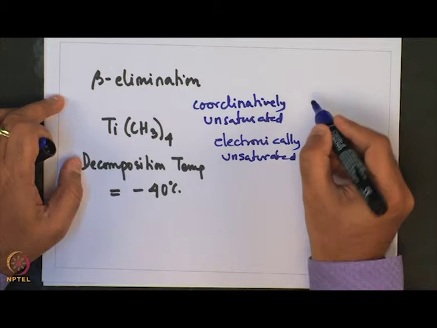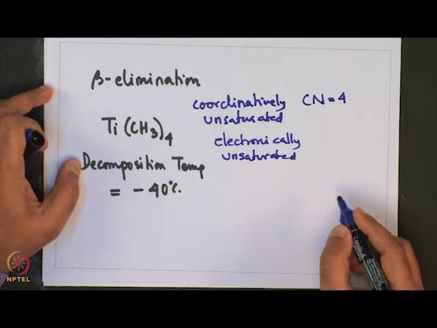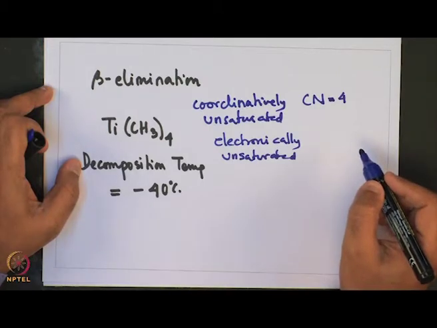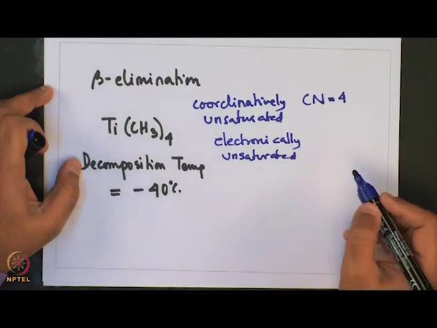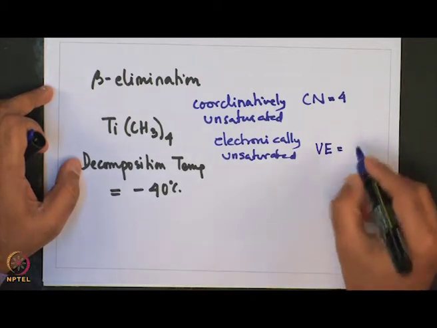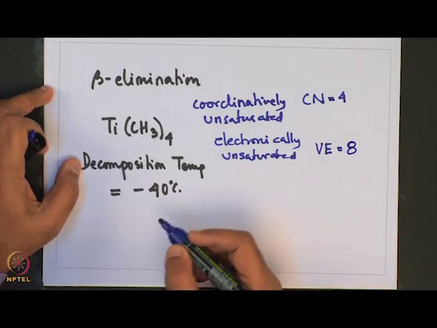Coordinatively unsaturated means that it has a coordination number of 4, while most transition metals exhibit coordination numbers as high as 6. It also is electronically unsaturated, as it has a total of 8 valence electrons, as opposed to the inner transition metal complexes which obey the 18 valence electron rule.